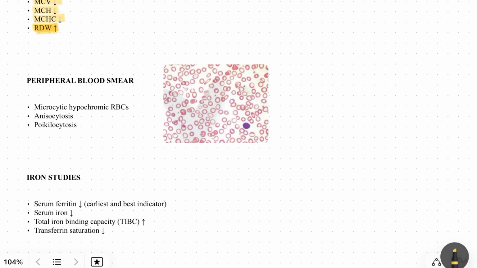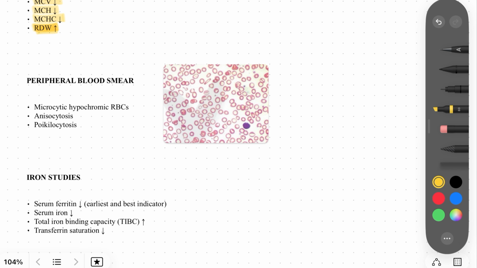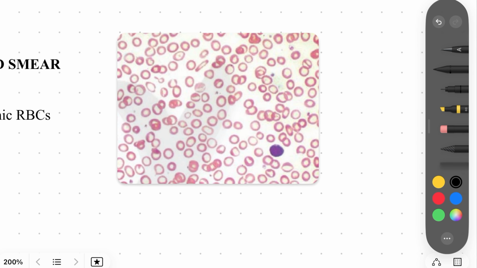Then coming to the peripheral blood smear, typically you are going to see these pencil shaped RBCs, and these are your hypochromic cells.